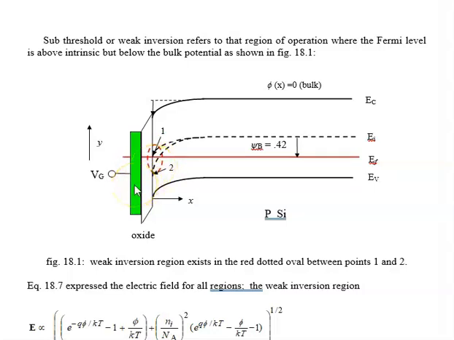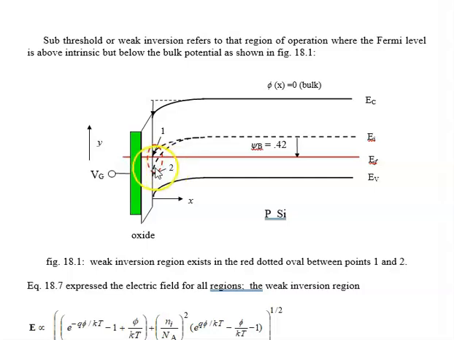And all that is controlled by the gate voltage. If the gate voltage is such that we have the intrinsic level touching the Fermi level, then we have a little bit of band bending, and as we increase the gate voltage in a positive sense, the band bending increases until we get to point 2.